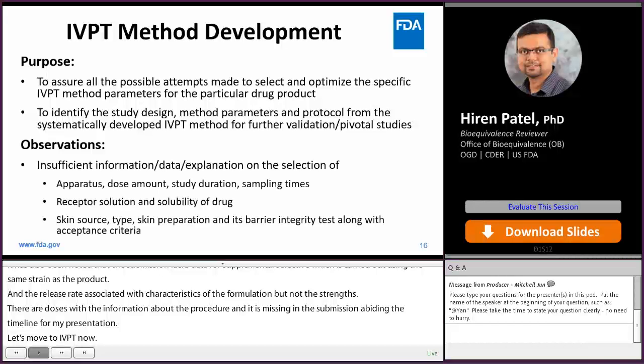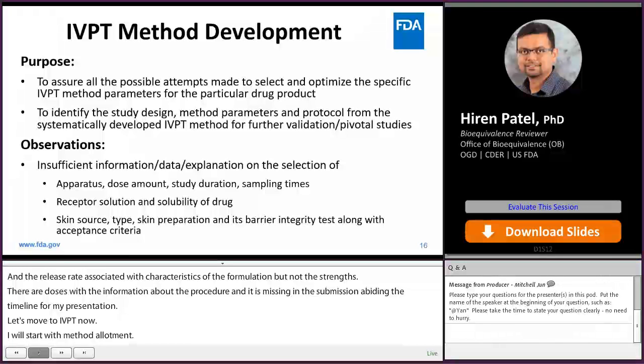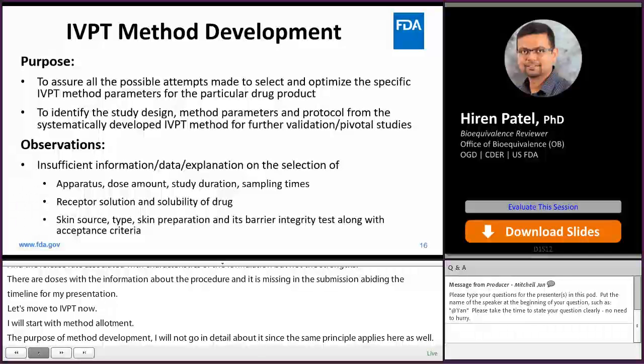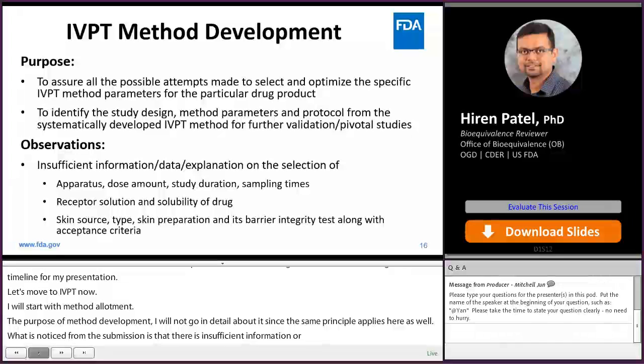In that context, what is noticed from the submission is that there is insufficient information, data, or explanation on the selection of apparatus, dose amount, study duration, sampling times, receptor solution and solubility of drug, skin source, skin type, skin preparation, and its barrier integrity test along with acceptance criteria.